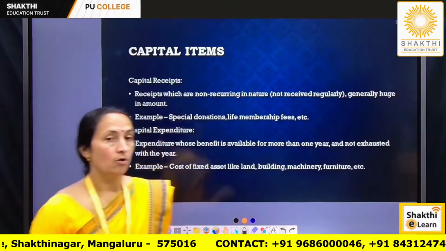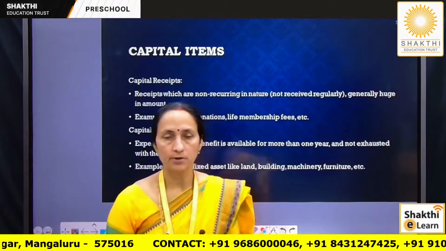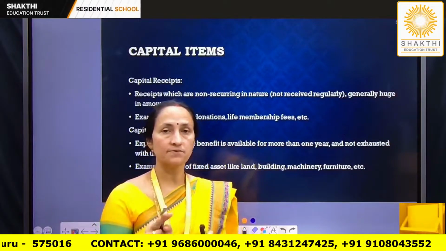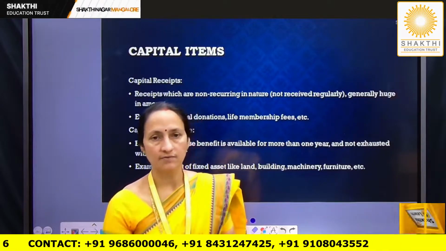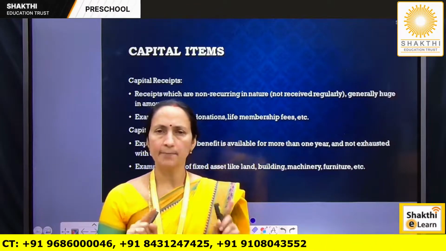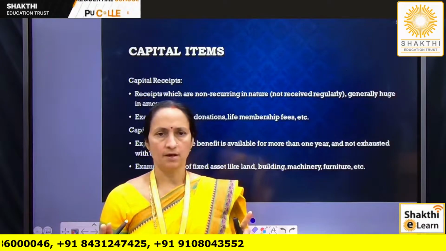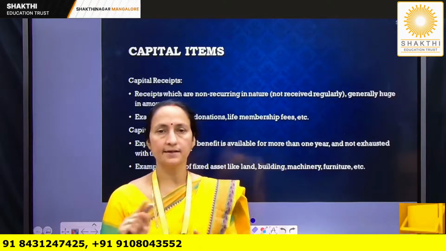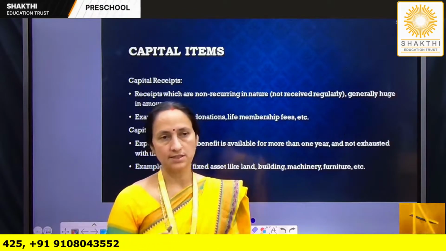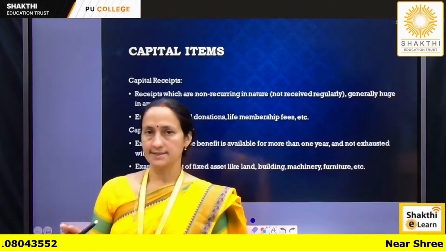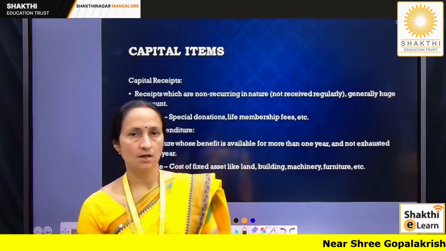Now, you should know two very important things. That is the receipts, which are capital receipt and revenue receipt. Basically, capital and revenue. If you know this capital and revenue, you can score this chapter easily. The weightage of this chapter is 15 marks.